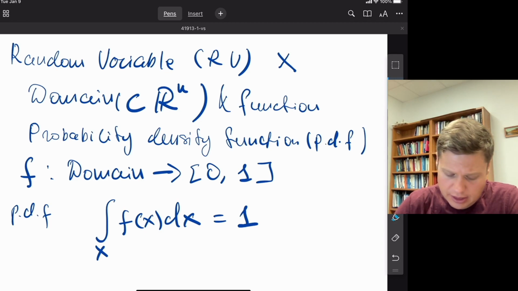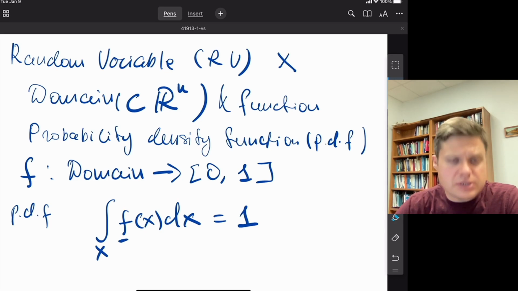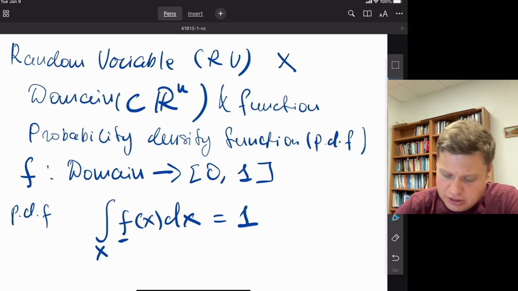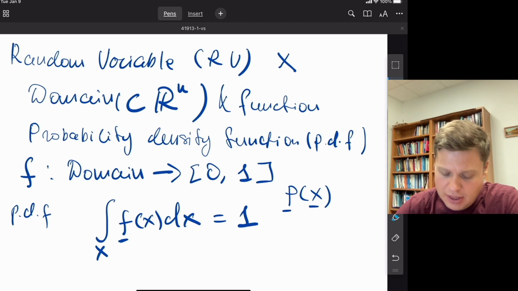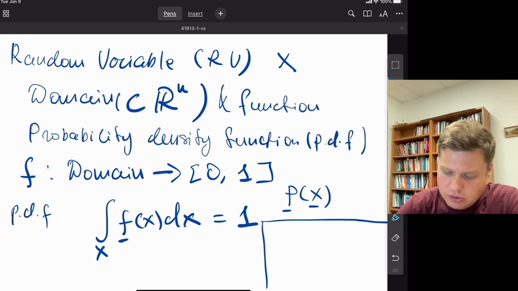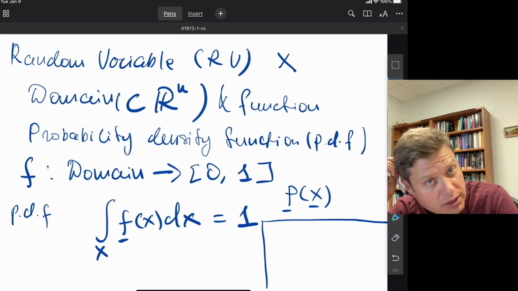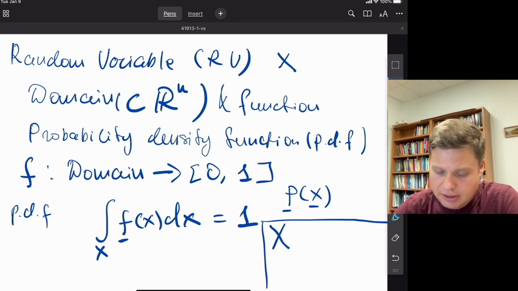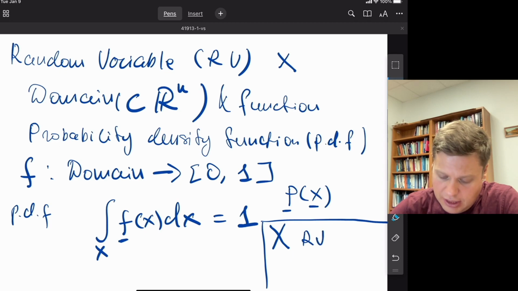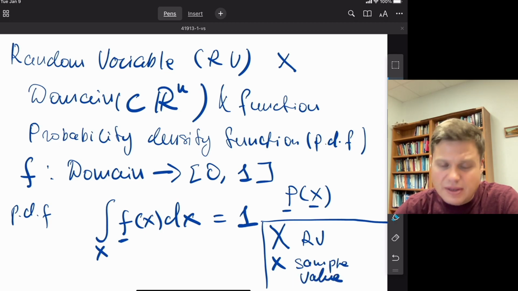Either f will be used to denote the density function, or more often it's going to be the letter p. So p of x will be the density function of a random variable x. Another agreement I want to make going forward in this class: you often will see textbooks distinguishing the random variable, with a capital letter X, from a sample value of this random variable, with a small x.